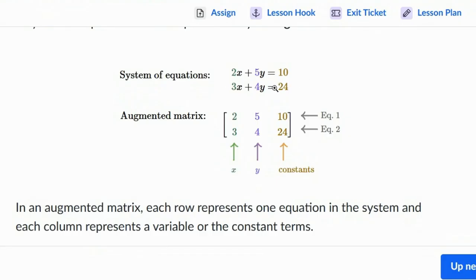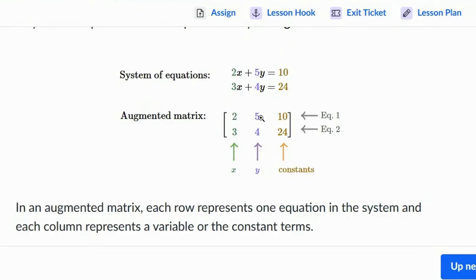So to convert these two equations into a matrix, we take just the coefficients. We don't need the x and the y. We don't need the equal sign, the plus, just the coefficients. So the first equation, the first row, we just use the numbers that are the coefficients. There's a 2, there's a 5, and there's a 10.